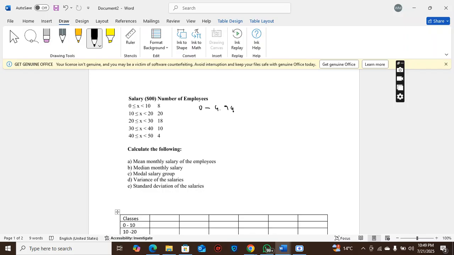But it's going to make your work more difficult if you're using these decimals. So this 9.99 has been rounded off to 10. This one here, 10 to less than 20, it's from 10 to 19.99. It's a salary, it's in monetary form, so they are decimals. So 19.99, you round it off to 20.